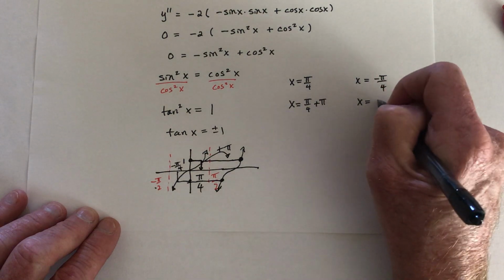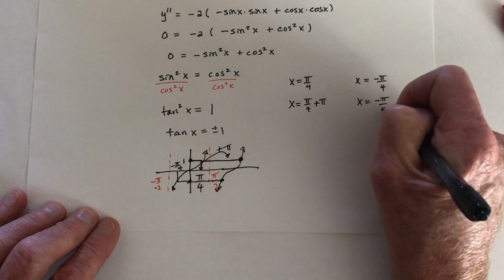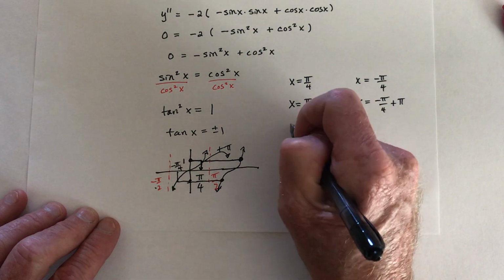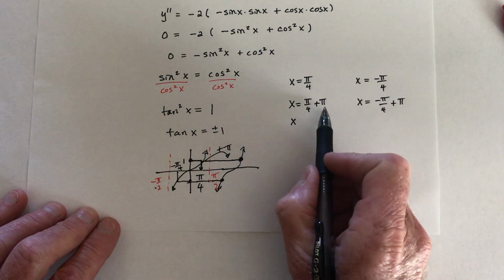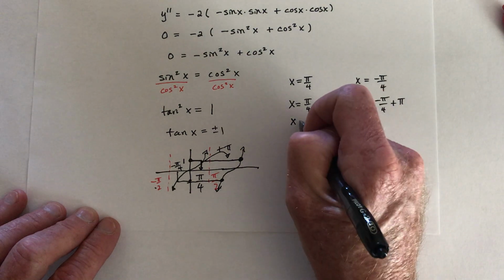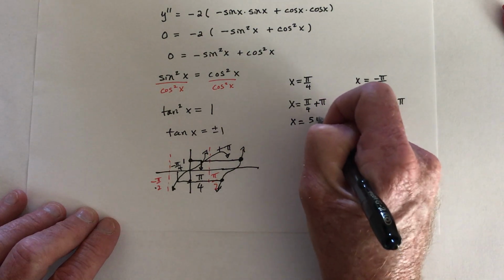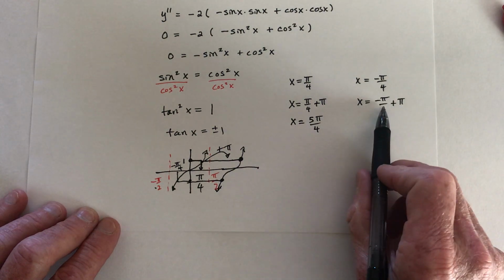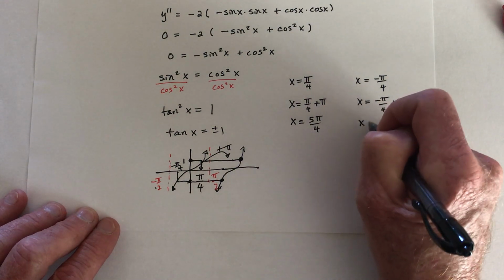Another answer would be if you take negative pi over 4 and add pi. So let's see, this would be 1/4 plus a whole is 1 1/4 or 5/4. And this would be a whole minus 1/4, which is 3/4.